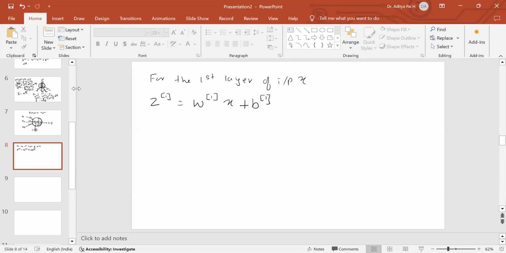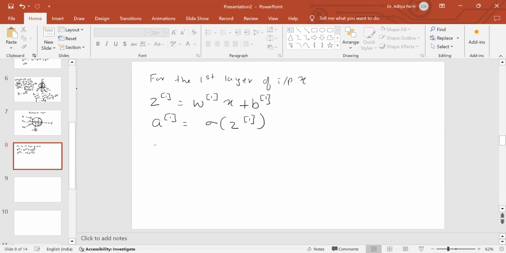This says the weights are applied to the input in the first layer, and what we get is the output. To this output we apply the sigmoid function, applied to Z1, and it will give you A1.